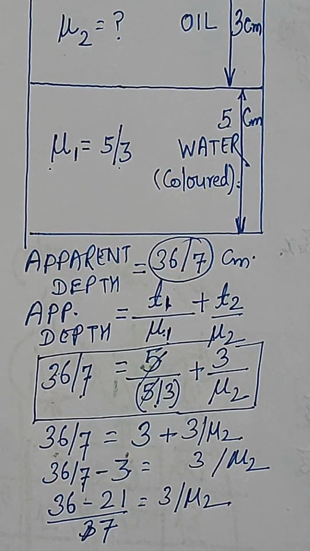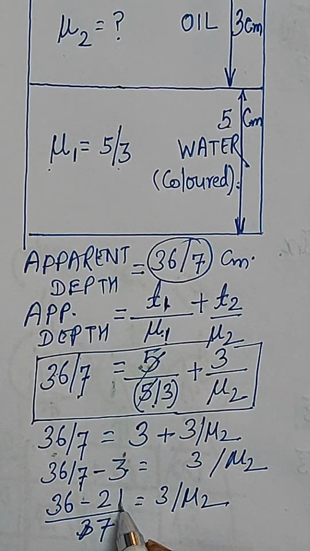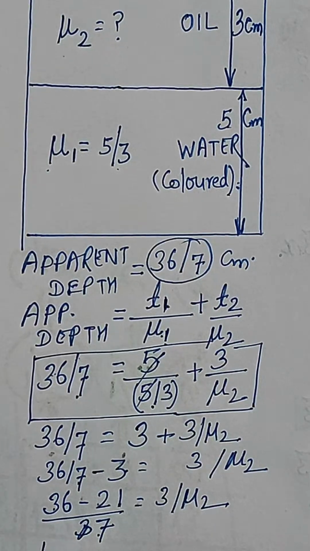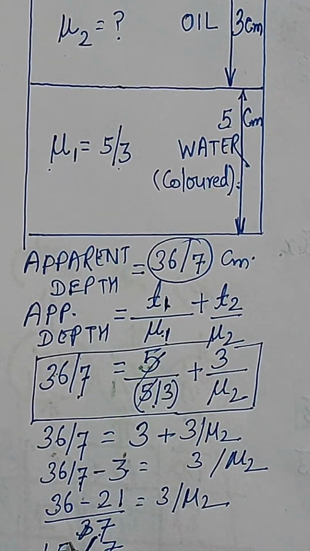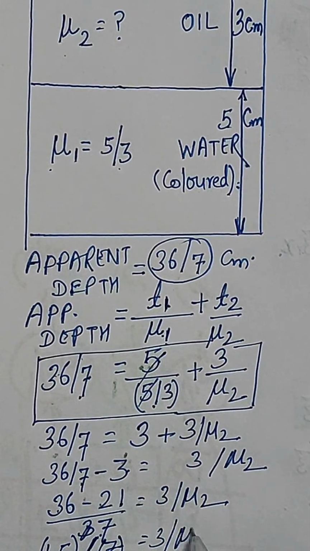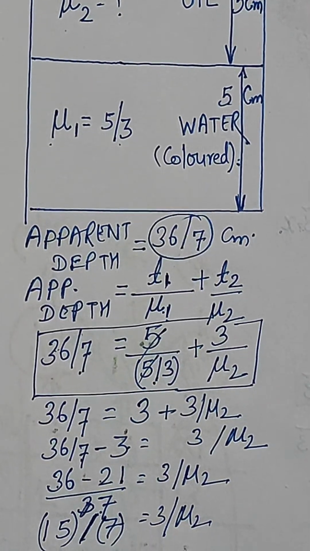And this will give you the value 36 minus 21, which is nothing but 15. So 15 by 7 is equal to 3 by mu 2, right? This will give you 3 by mu 2.